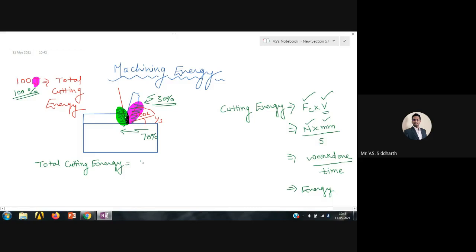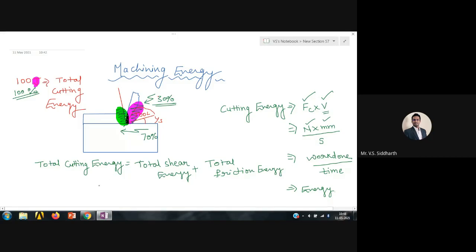So total shear energy plus total friction energy. Total energy is shear energy and total friction energy.